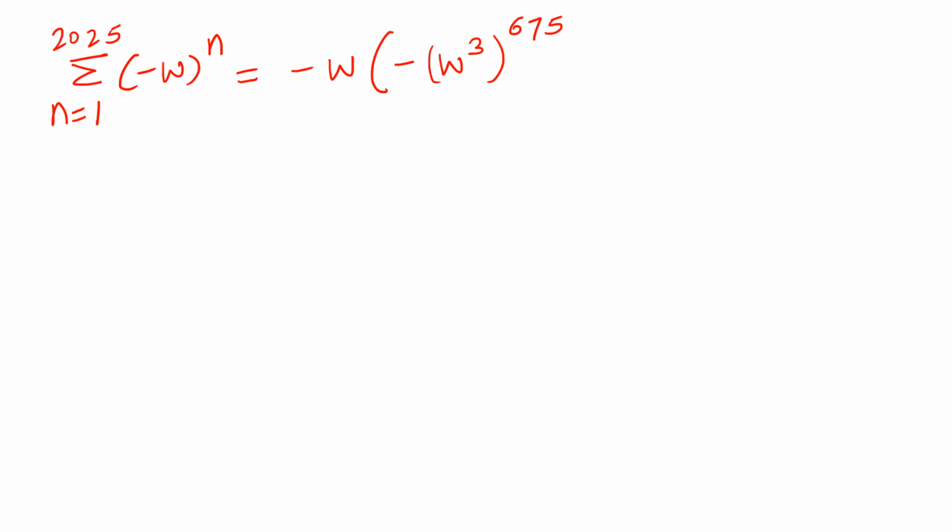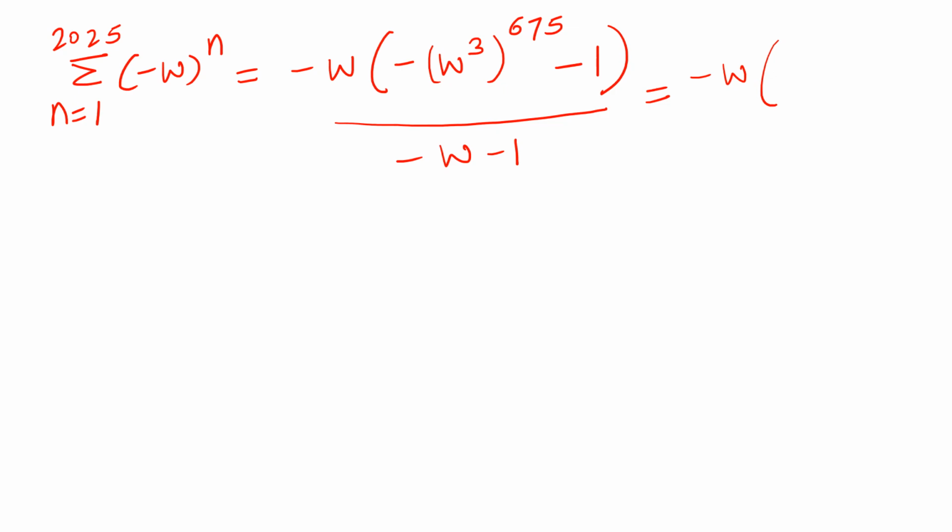It can be written as 3 into 675. And then we have minus 1, whole divided upon minus omega minus 1. Now we know that omega cube is equal to 1. So it becomes minus omega into the bracket.